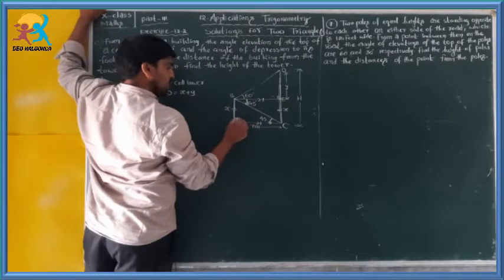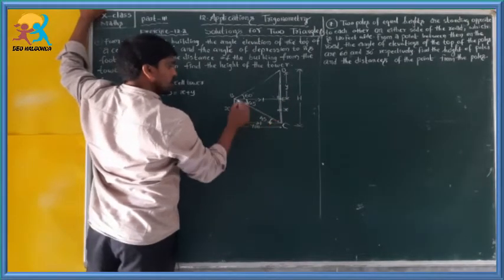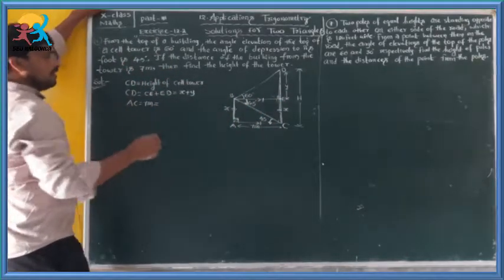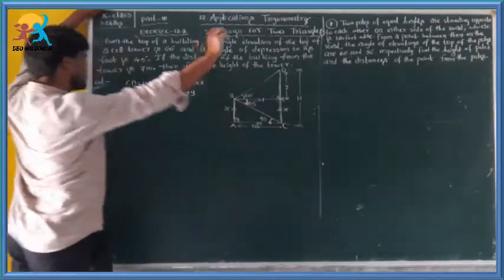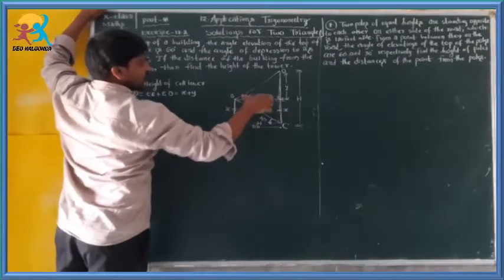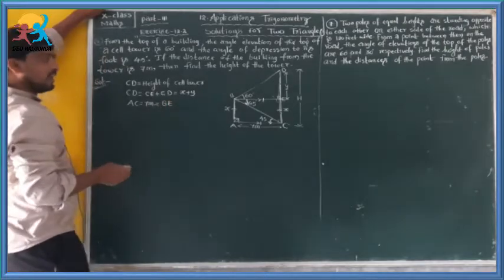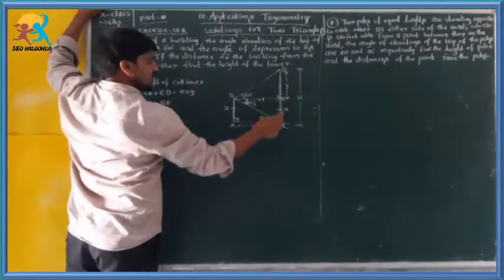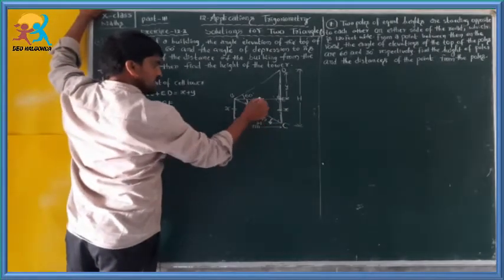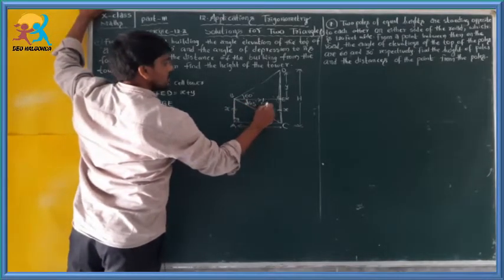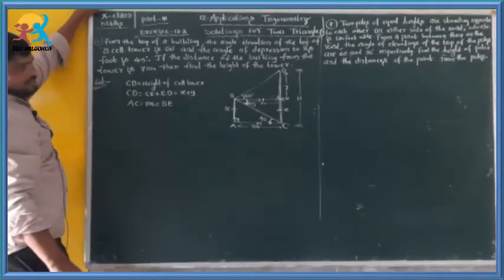Since it is a rectangle, all corners are right angles. Okay. So AC equals BE. Since ABEC is a rectangle, its opposite sides are equal, therefore BE is also 7 meters.